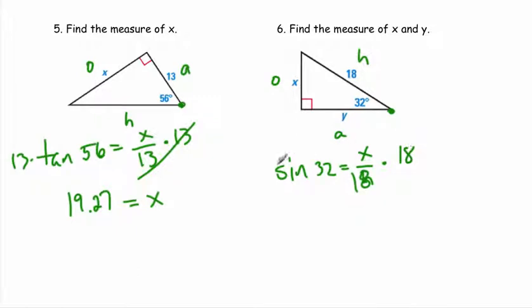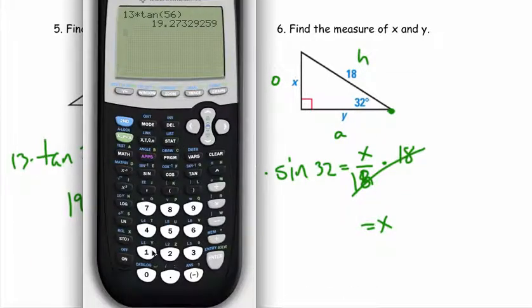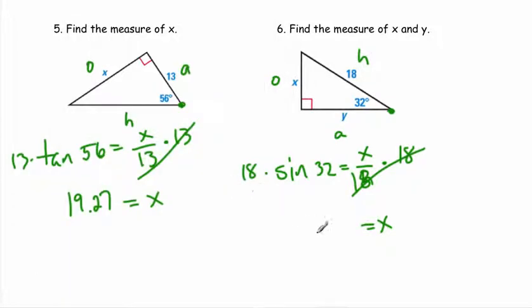So I'm going to multiply both sides by 18. Cancel that out. So x equals 18 sine 32. So 18 times sine of 32 is 9.54. So I'm going to say that x is 9.54.